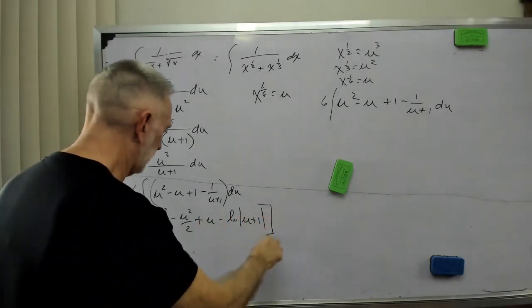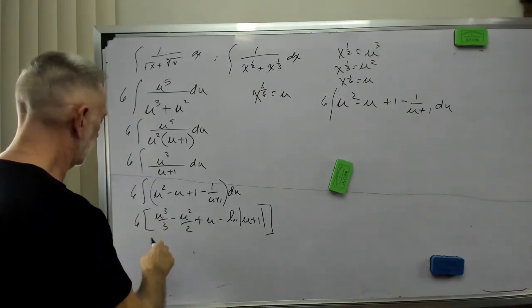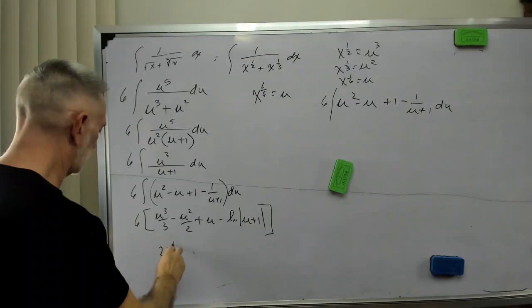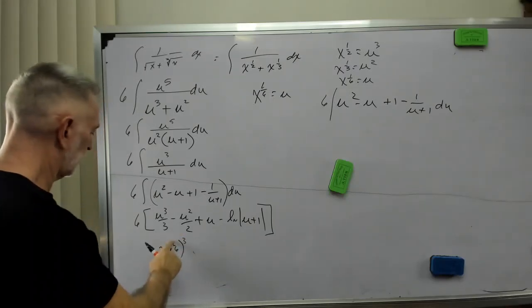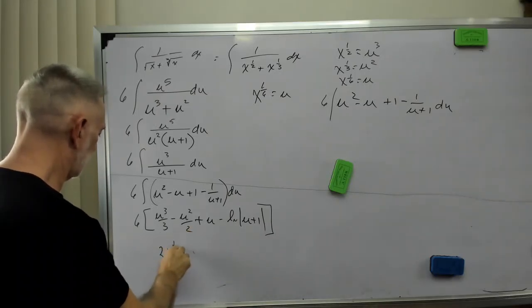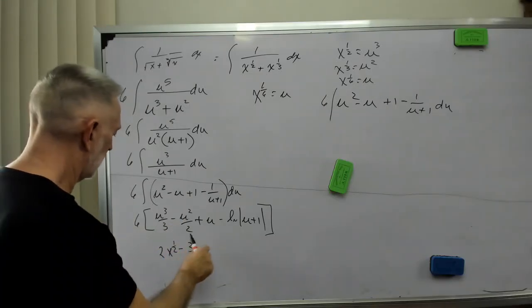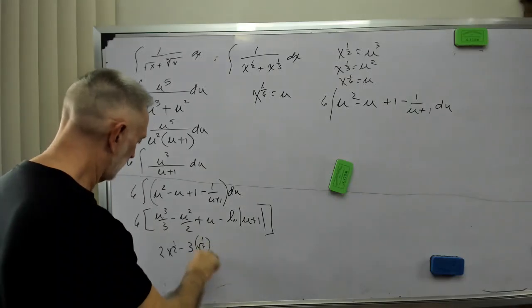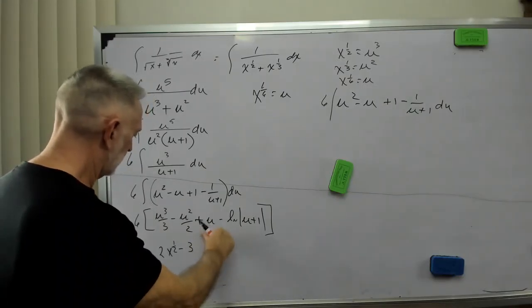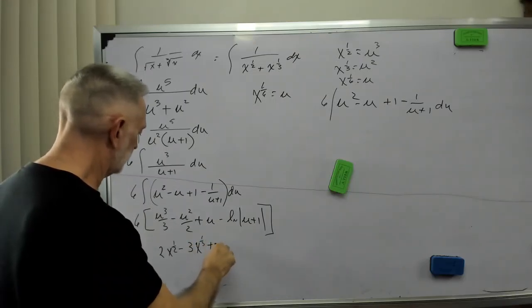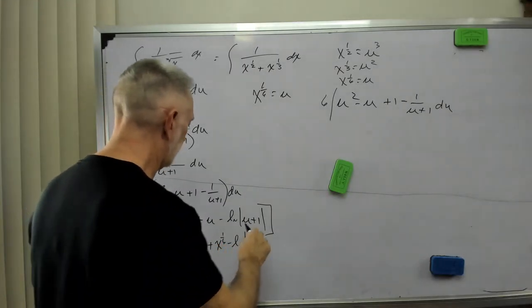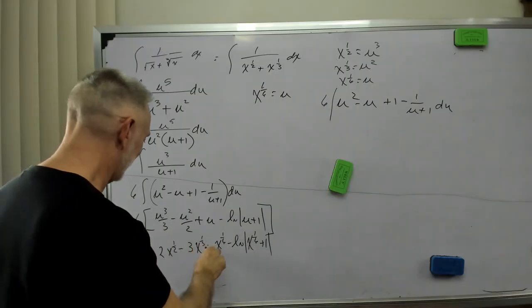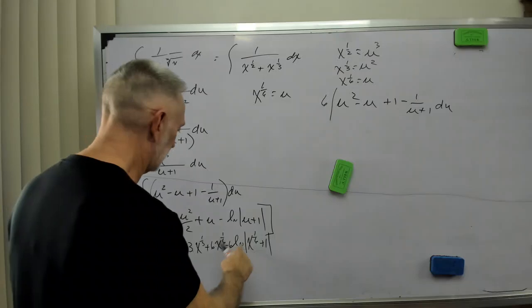And it's 6 times everything. 6 divided by 3 is 2, so I have 2u cubed. u is x to the 1/6, so 2 times x to the 1/6 cubed, which is 2x to the 1/2. 6 over 2 is 3, u squared is x to the 1/6 squared, so 2 over 6 is 1/3, giving 3x to the 1/3, plus 6 times u, which is x to the 1/6, minus 6 times the natural log of x to the 1/6 plus 1, all plus c.